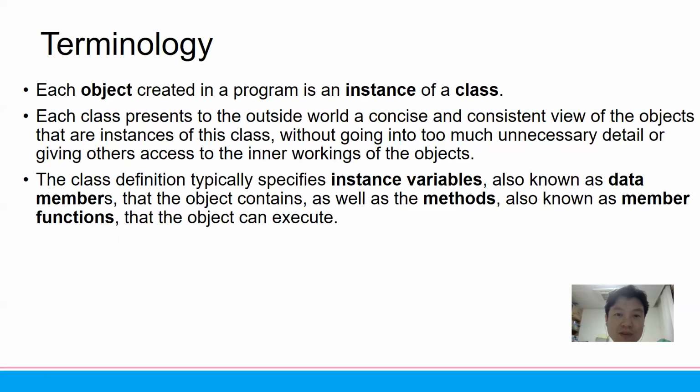There are instances of this class, without going into unnecessary details and giving others access to the inner workings of the objects. So when you have a class, you will have instances, and every class will have instance variables, which we call data members, and the object contains methods, known as member functions, that the object can execute.